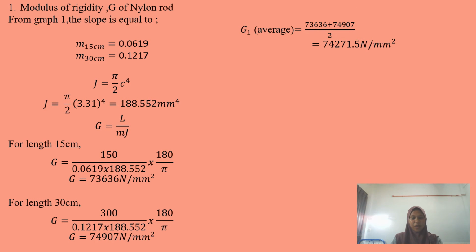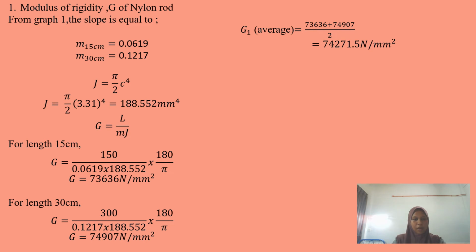After that, we do the calculation part for all the three types of rod that we have the data and graph for. From graph 1, we calculate the modulus of rigidity of the nylon rod. We have the slope values for 50 centimeter and 30 centimeter, like I have mentioned before.